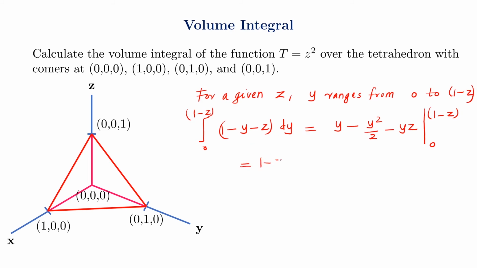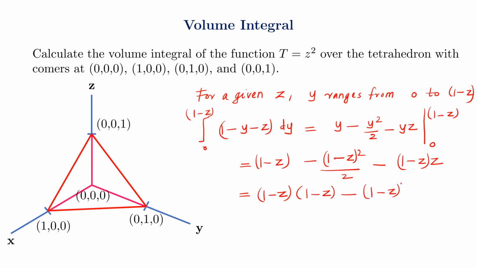This is equal to (1 minus z) minus (1 minus z) square divided by 2 minus (1 minus z) times z. This is equal to (1 minus z) times (1 minus z) minus (1 minus z) the whole square divided by 2. This is equal to (1 minus z) the whole square minus (1 minus z) the whole square divided by 2, which is equal to (1 minus z) the whole square divided by 2.